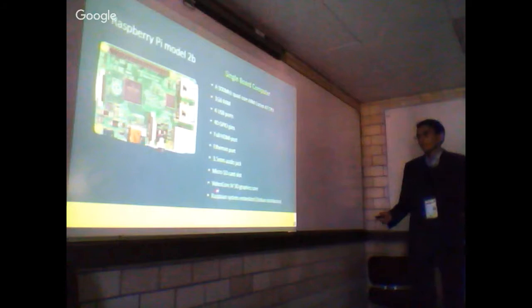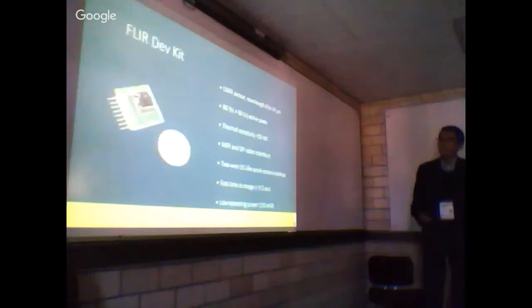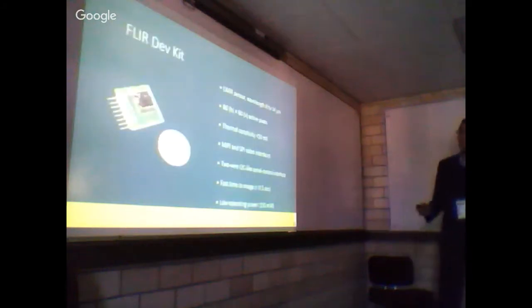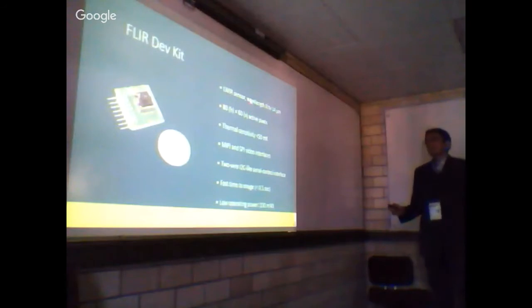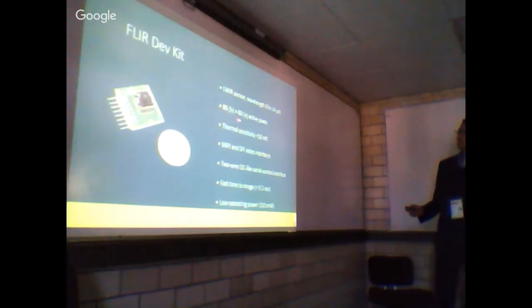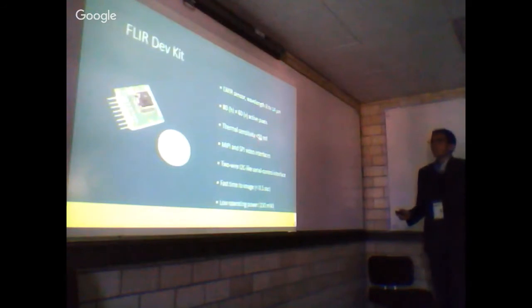About the development kit of the infrared sensor, we can see it only detects wavelengths from 8 to 14 micrometers, which corresponds to the infrared spectrum. We have a resolution of 80 by 60 active pixels and a thermal sensitivity better than 50 millikelvin.